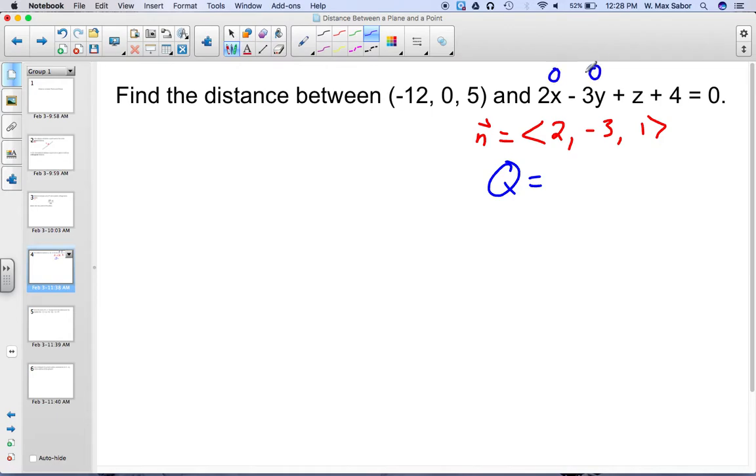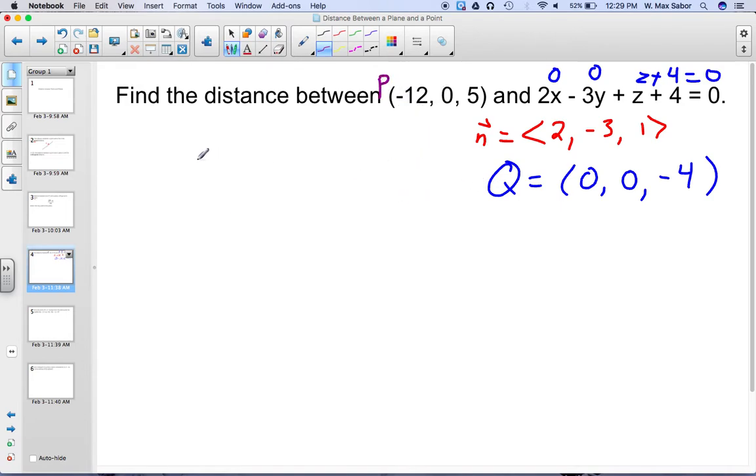So if I substitute in 0 and 0, I get z plus 4 equals 0, so z equals -4. You could have picked a bunch of different points and it would still work. That's the point that I'm using. You can pick whichever one you want. And then this is going to be our point P.